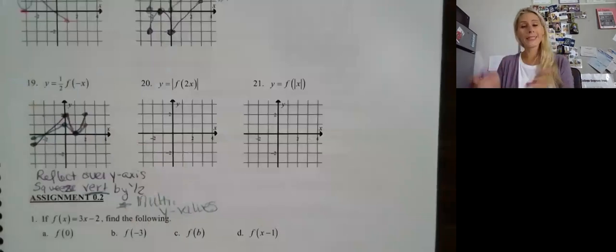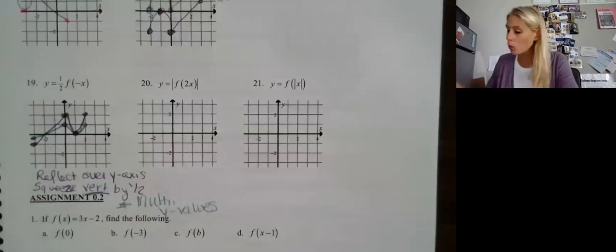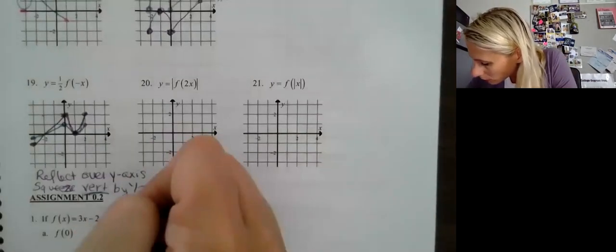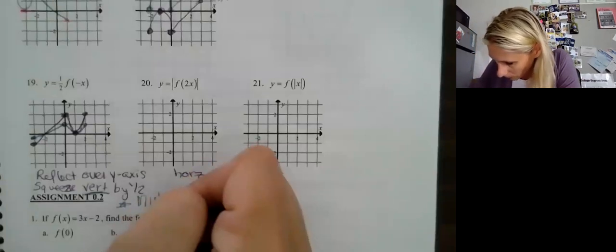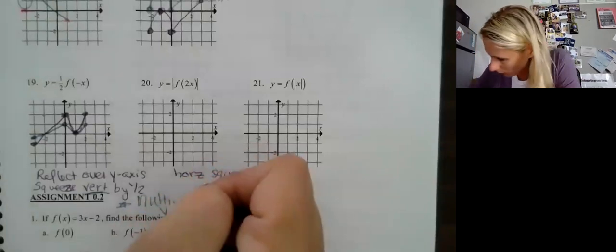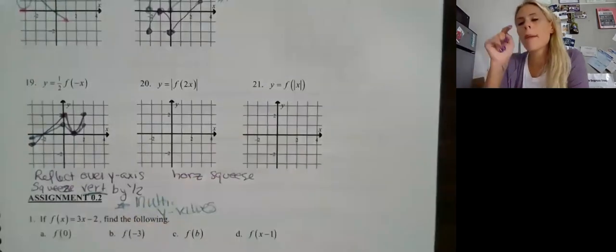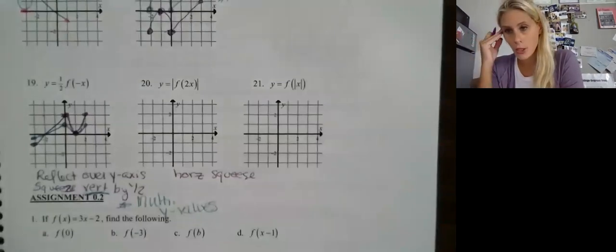Remember, last time I said do inside first and then outside. So what do we see on the inside? We see 2 times x. What that means is there is a horizontal squeeze. Remember how on the inside moving left and right was opposite of what you thought?